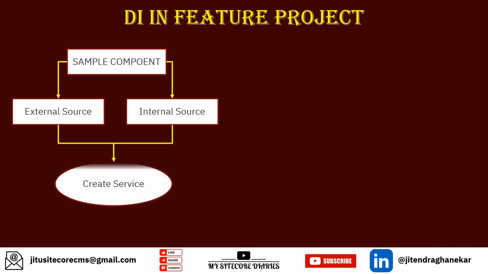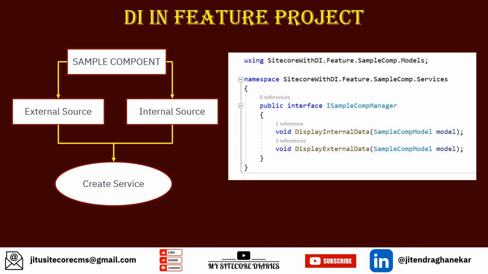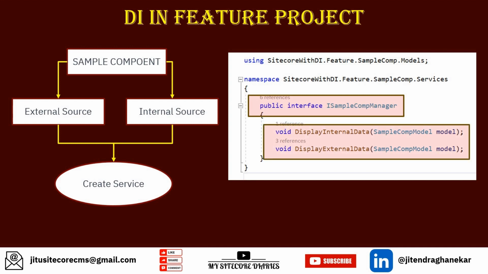So for this you will create a service which will get the data to the sample component. This is our requirement in the feature project. So you have a sample component project where you need to implement this. As a best practice, you will create an interface, say for example named ISampleCompManager, which will have two methods: one for displaying internal data and another for displaying external data.